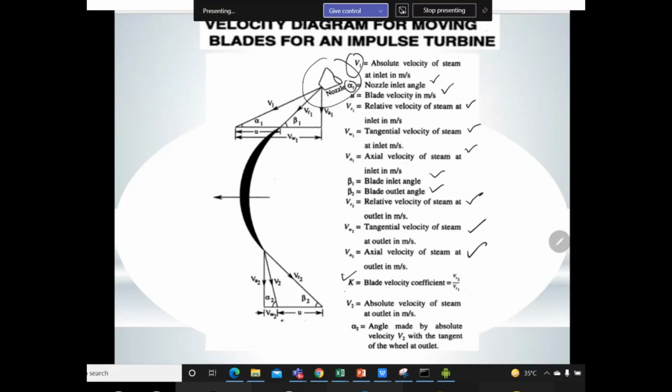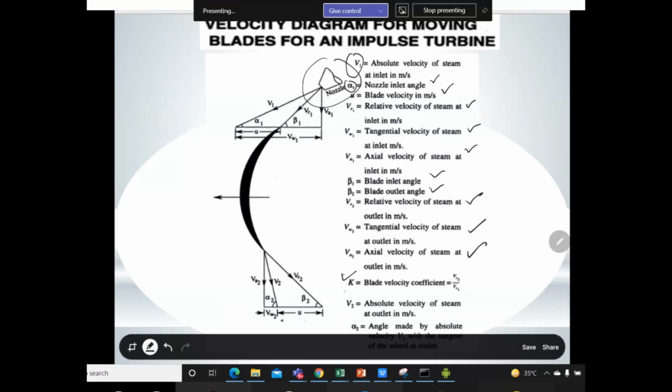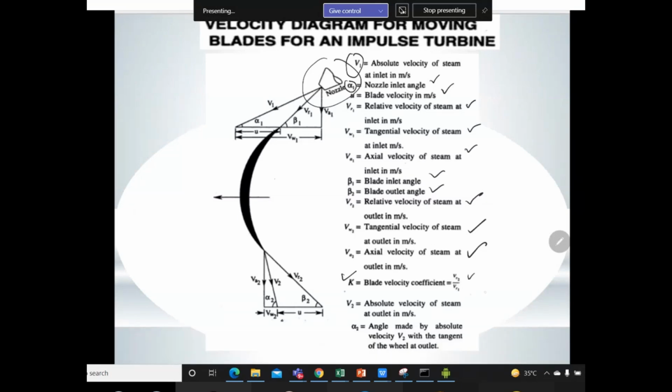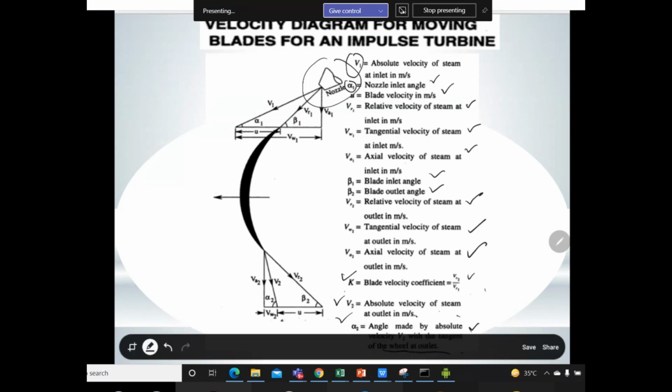K, if we consider there is friction, is the blade velocity coefficient, basically the ratio of VR2 to VR1. V2 is the absolute velocity of steam at outlet in meters per second, and alpha 2 is the angle made by the absolute velocity V2 with the tangent of the wheel at outlet. So all these parameters are mentioned in this diagram, and you have to correlate them with the inlet and outlet velocity.